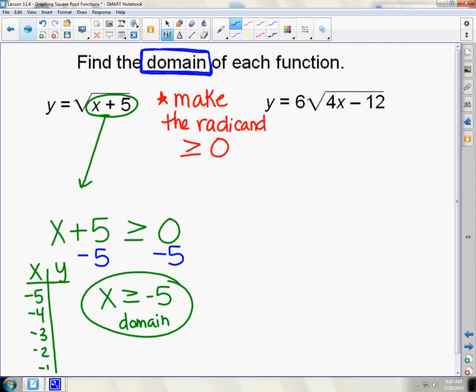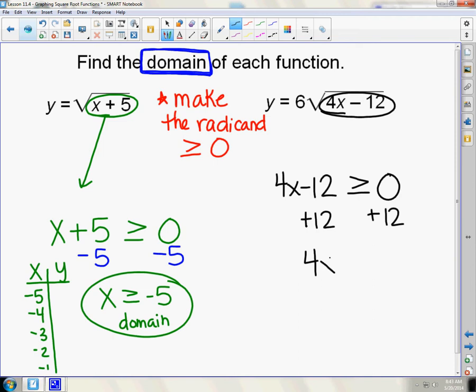This one looks a little bit different and more intense, but it's the same process. I'm going to take 4x minus 12, and set it greater than or equal to 0. Whatever is under the radical has to be greater than or equal to 0. So I add 12 to both sides. I get 4x is greater than or equal to 12. Then I divide by 4.